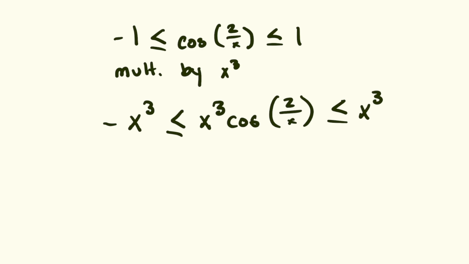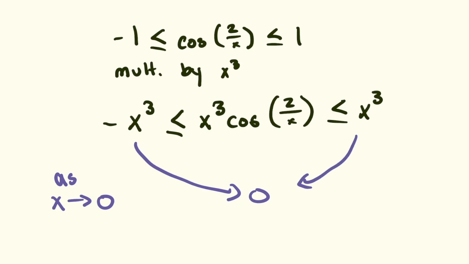Next thing that we're going to do is take the limit as x goes to 0. So as x goes to 0, we know that our polynomial is also going to 0 on both the upper and the lower bounds, which forces the stuff in the middle to also go to 0.